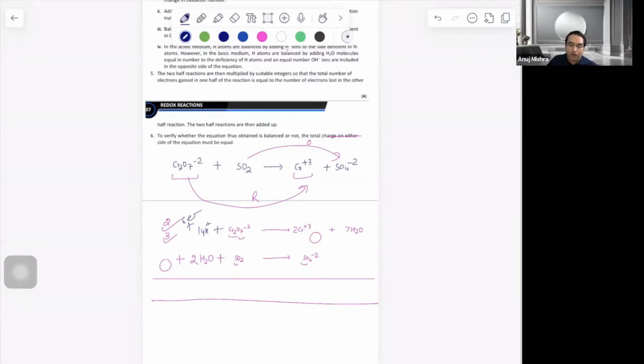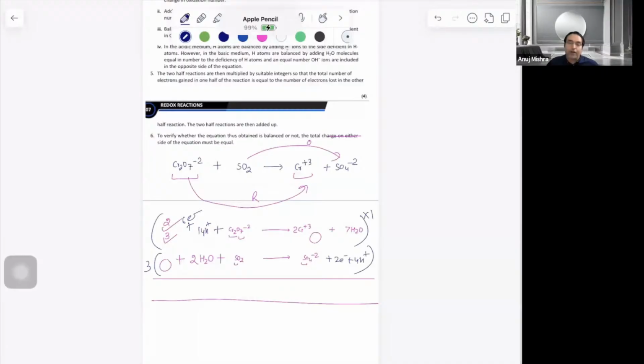Can you do that? Likewise, the next one: SO2 plus 2H2O gives SO4 2 minus plus 4H plus. Now how will you cancel the electrons? Multiply this with 3, multiply this with 1 and add, electrons get cancelled. Give me the final shape of this whole thing.